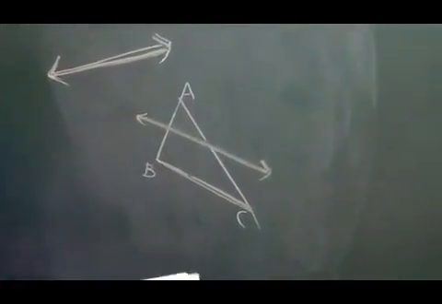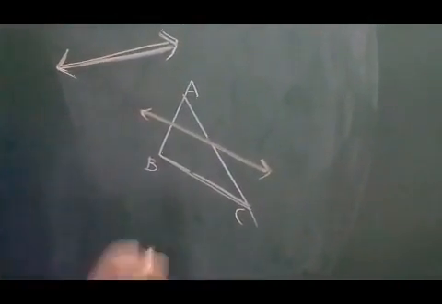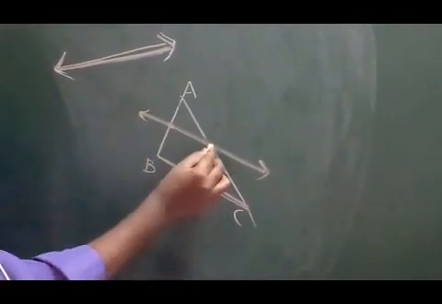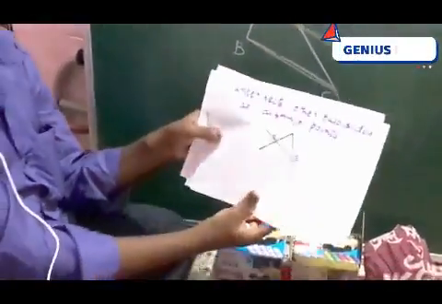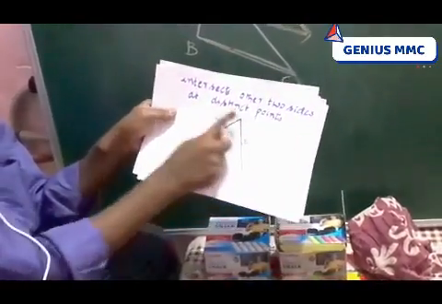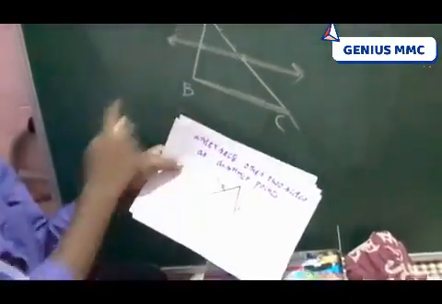First you observe this figure. Next, what happens after drawing? We can see here it intersects at 2 distinct points. After drawing, it intersects the other 2 sides.